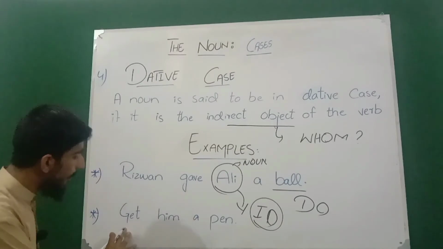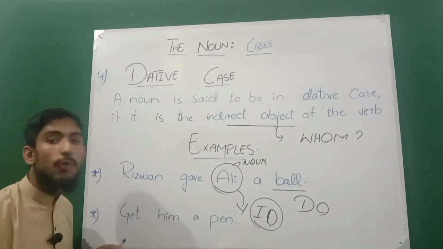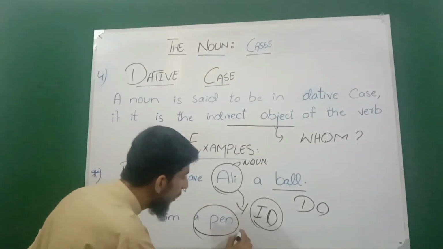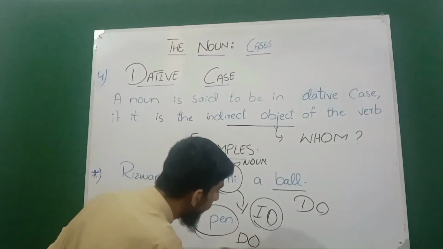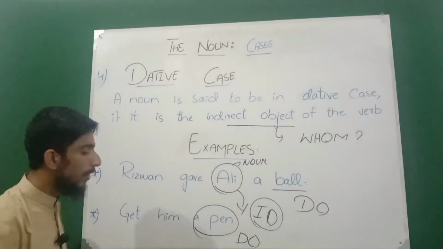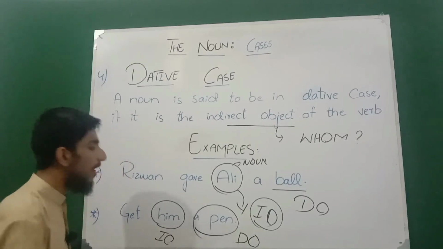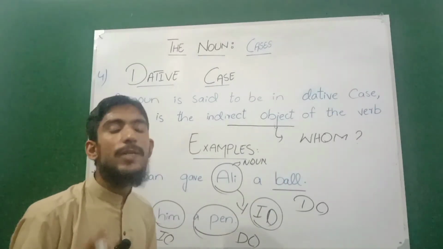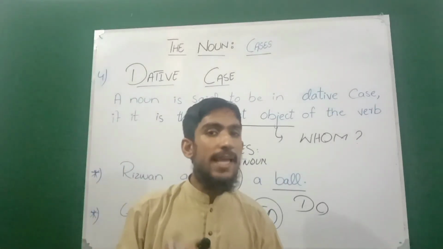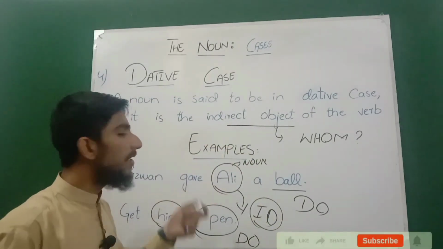Remember the second example: get him a pin. Get what? The answer is a pin. So pin in this example is the direct object. And get a pin to whom? The answer is him. So him is the indirect object. Remember that a noun is said to be in the dative case if it is the indirect object of the verb. Through this example you will learn easily.